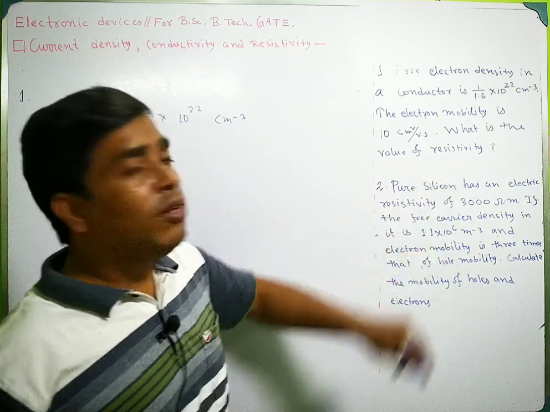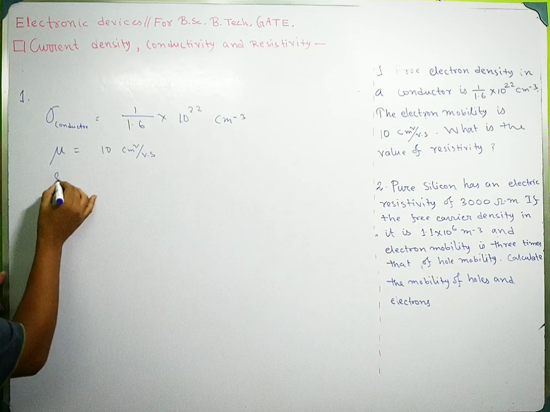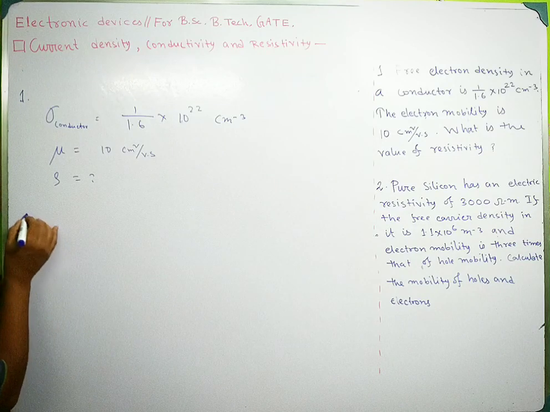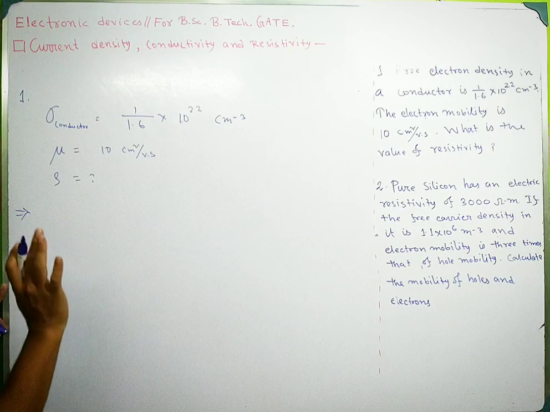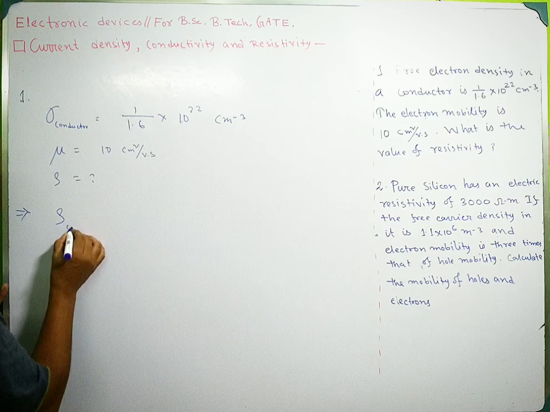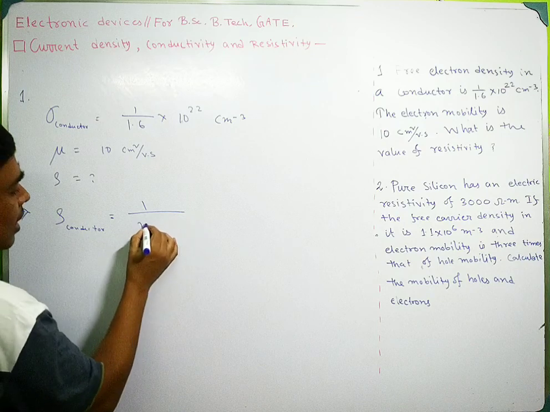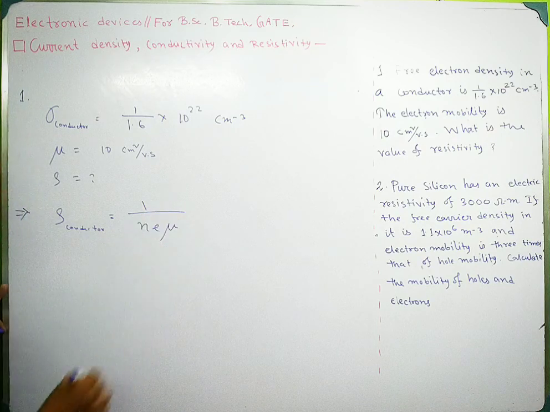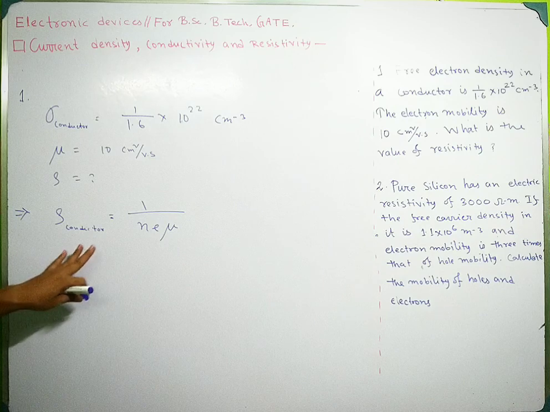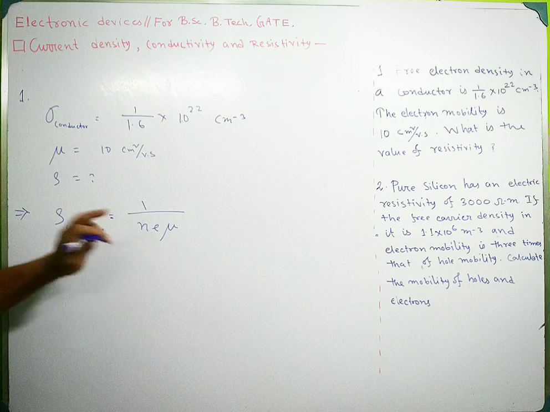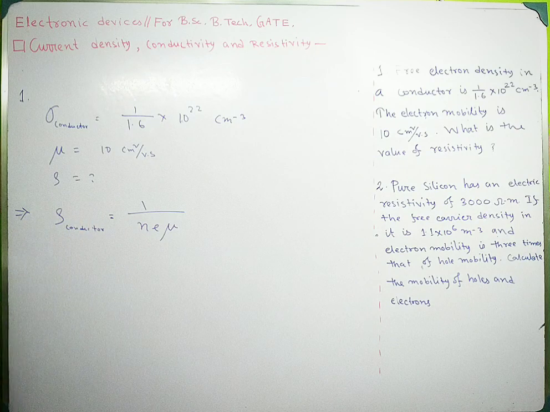What is the resistivity? You have to calculate rho. We have already proved that the resistivity of a conductor is given by 1 by n e mu. So we only have to put in the values.